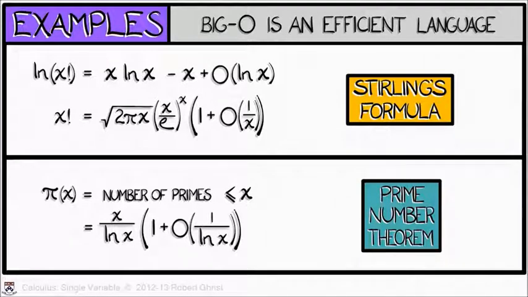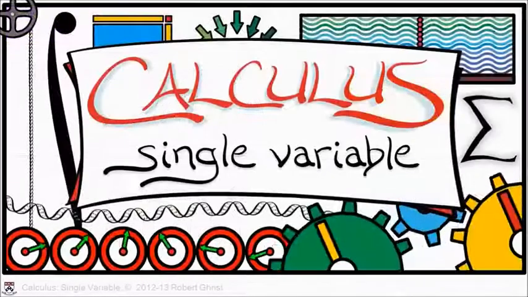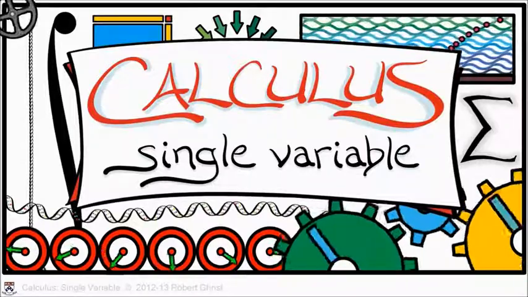But pi of x is x over log x times the quantity 1 plus something in big O of 1 over log of x. That's one example of how this language appears in everything from pure mathematics to applied mathematics to the physical and computational sciences.